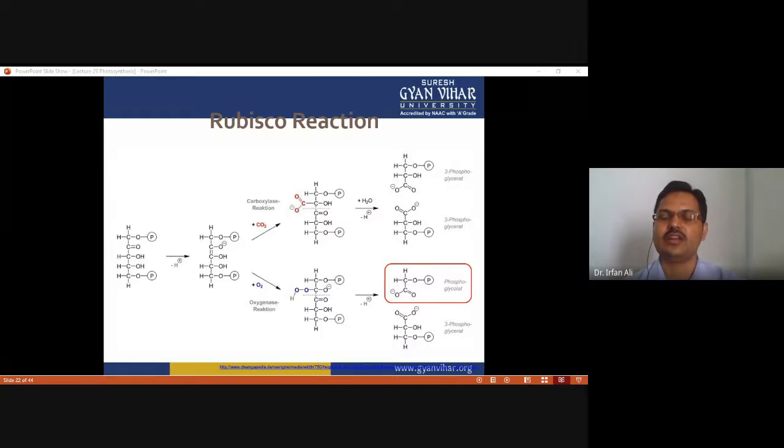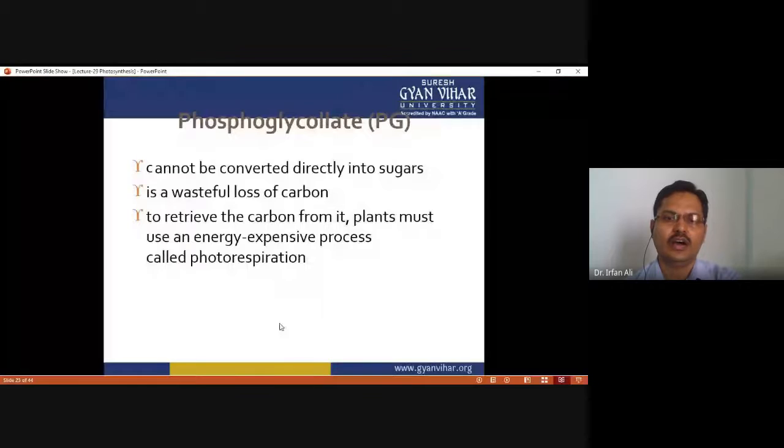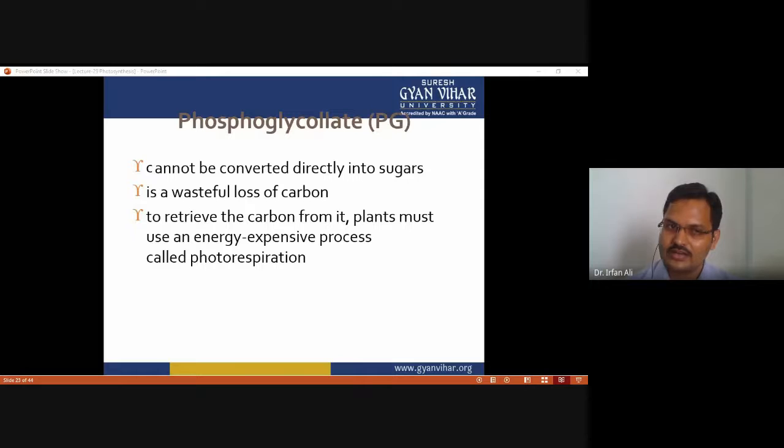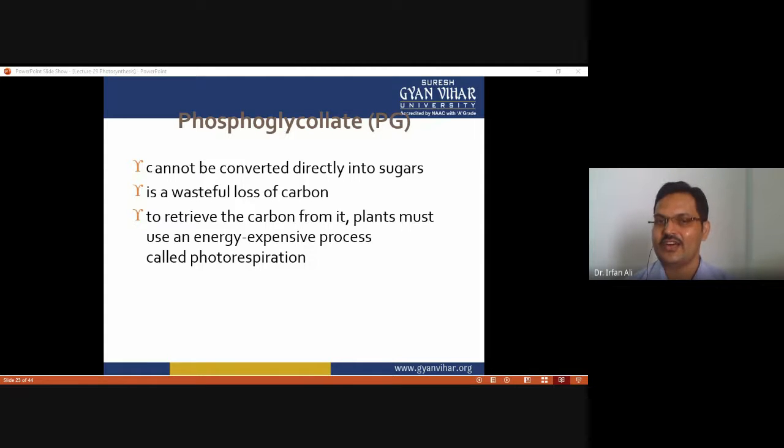This is the wasteful product in the presence of oxygen. This phosphoglycolate molecule cannot be converted directly into sugar, and carbon is lost. To retrieve the carbon from it, the plant must use an energy expensive process called photorespiration. So that is why this molecule is totally wasteful for the C3 plant.